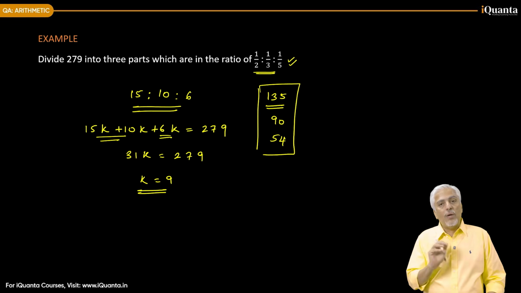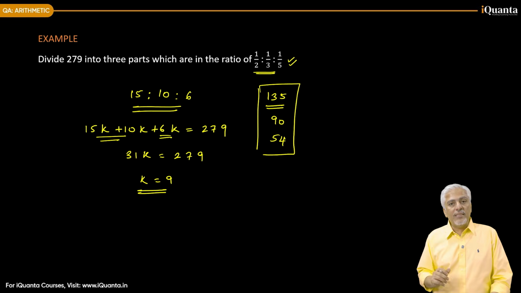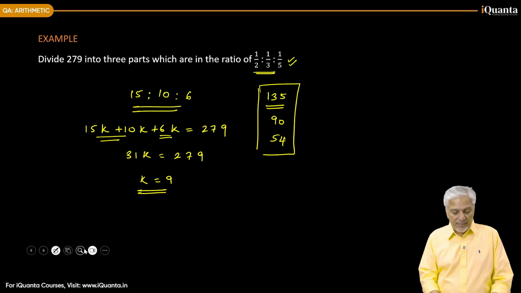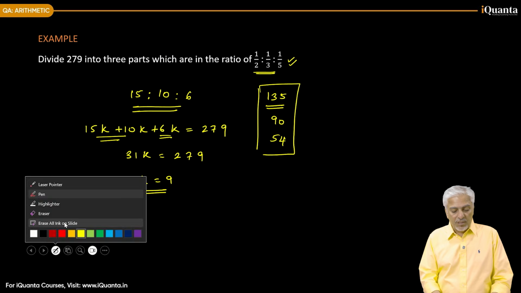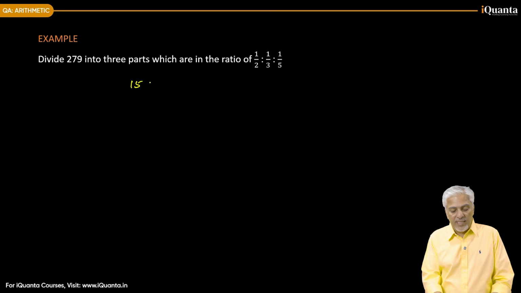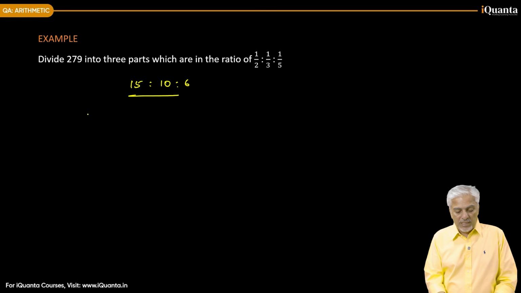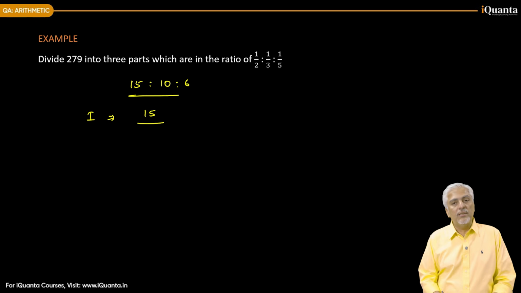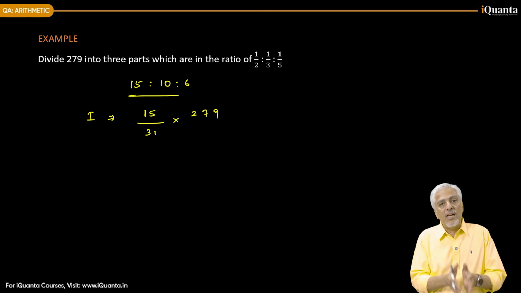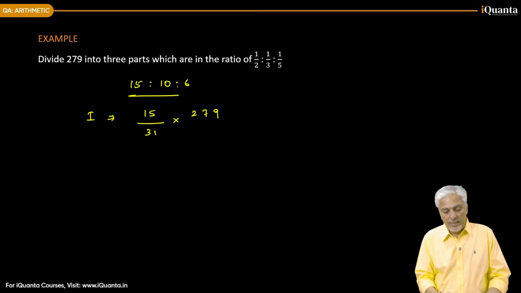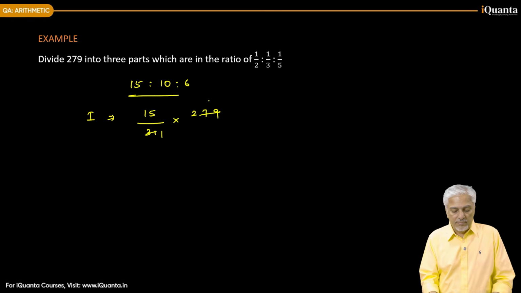That's method number 1. The other way of doing this is, after making the ratios into whole numbers 15, 10 and 6, the first part will be 15 upon 31 into 279, because the first part is 15 out of a total of 31. So that will be 31 nines and 15 nines will be 135.